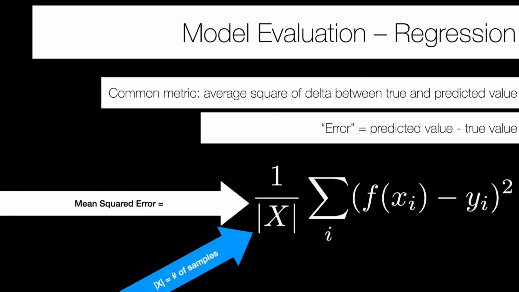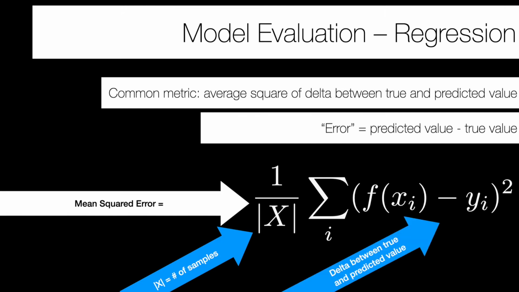Again, we normalize by the number of samples in our data set. And here, rather than counting up the number of times these two values were the same, we count up the square of the difference between our predicted value and the true value. So if our predicted value is very close to our true value, then this value is going to be small.